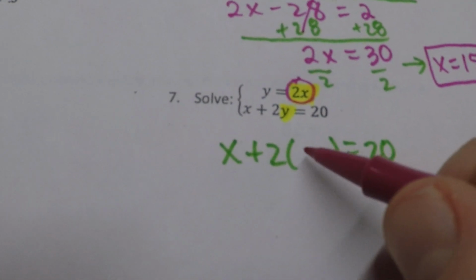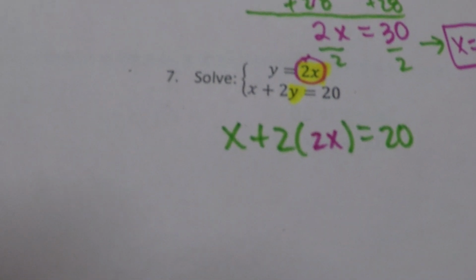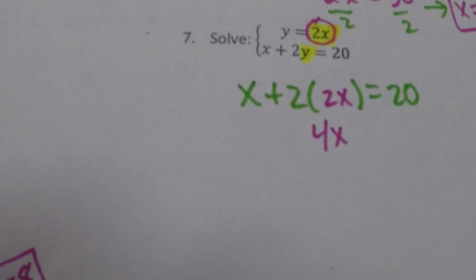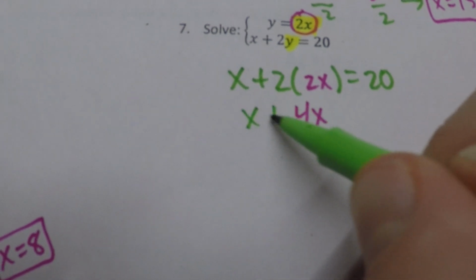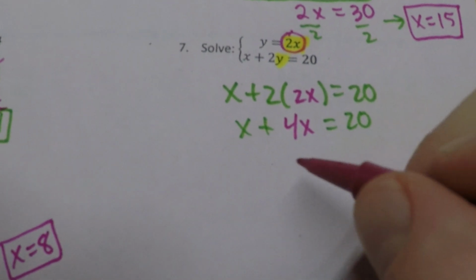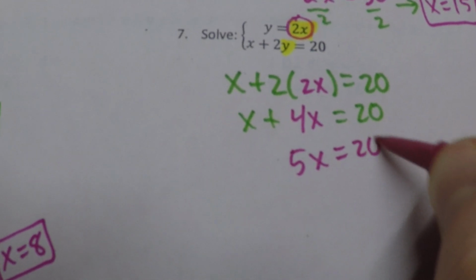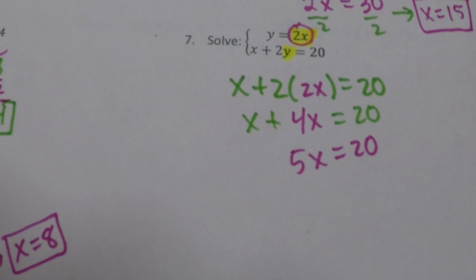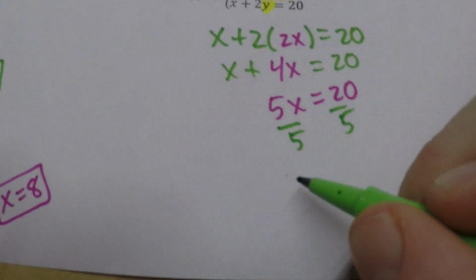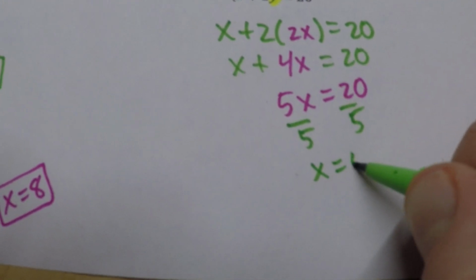Y equals 2x. Okay. 2 times 2x is 4x. So now I have x plus 4x equals 20. Add those two together. 5x equals 20. Divide by 5. And it tells me that x equals 4.